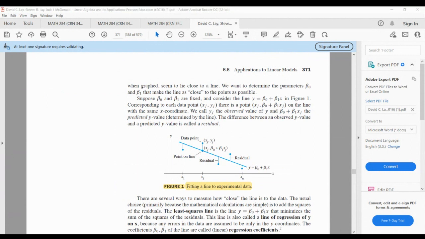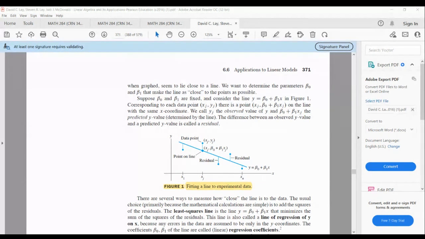What you have here is some data points, and then you have a line that goes through the data points: y equals beta naught plus beta 1 times x.